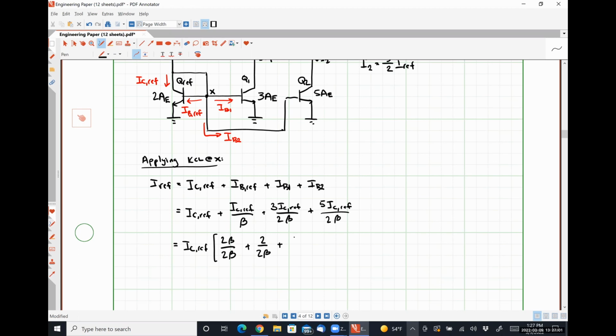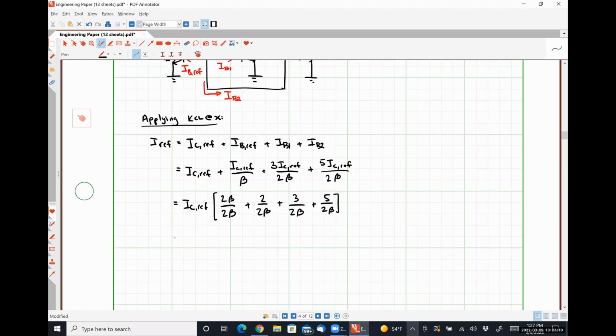And then we're going to have 3 over twice beta and 5 over twice beta, which gives us ICREF multiplied by, my apologies there, twice beta plus 10 over twice beta.